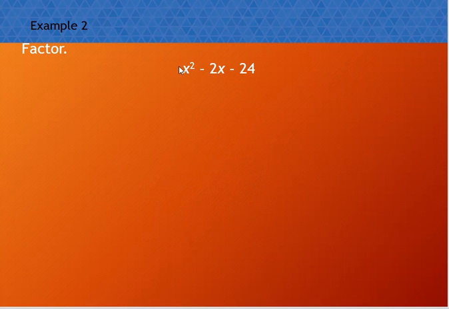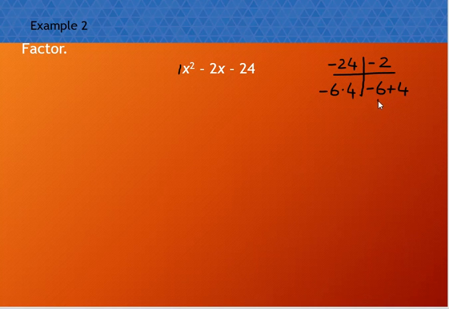Second example, again there is 1 in front of it. So 1 times negative 24 is negative 24. We need to get negative 2. So negative 6 times 4 gives us negative 24, and negative 6 plus 4 gives us negative 2.